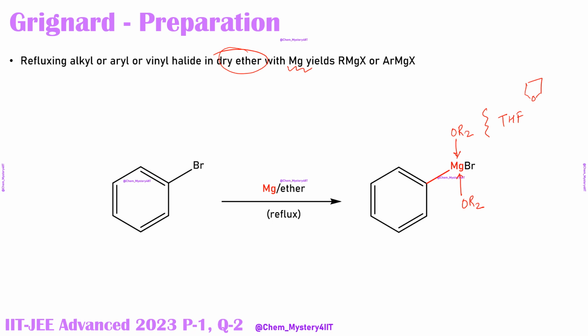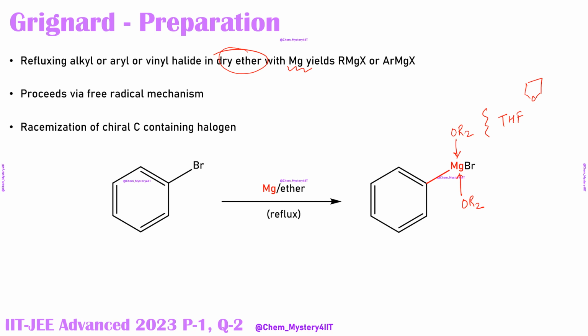During the method of preparation, there is one point: this goes by a free radical mechanism, and that has an implication. If it is a free radical mechanism, there is a possibility of racemization if the carbon on which the halogen atom was present in the very beginning was chiral. Although that was not part of the question here, it may be required somewhere later. Also, whenever we get this kind of Grignard reagent formed, there must not be any other functional group present in our Grignard.